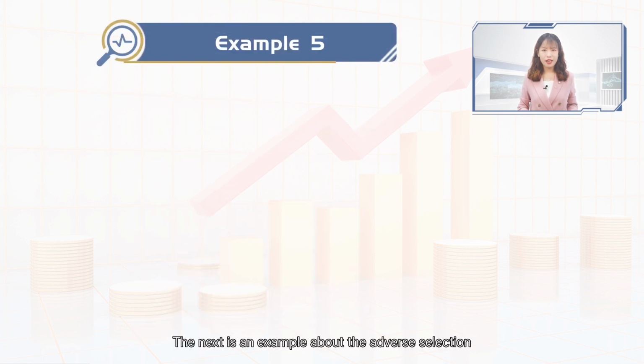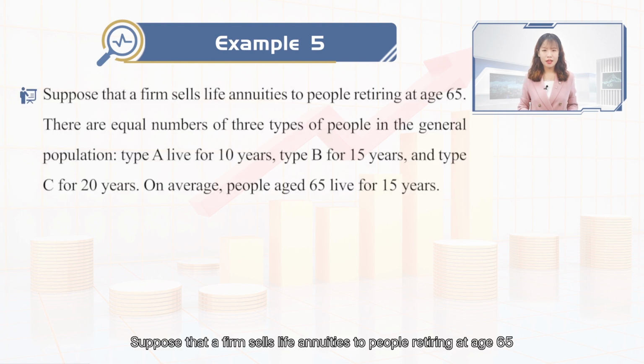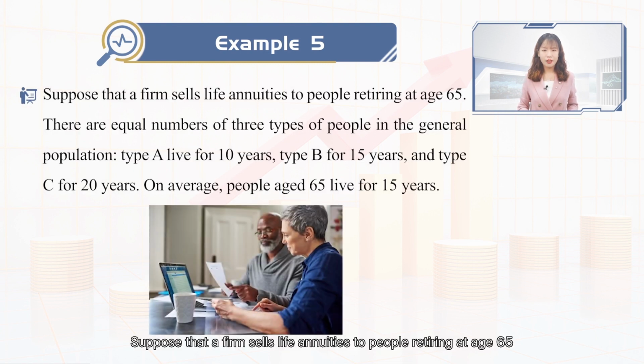The next is an example about adverse selection. Suppose that a firm sells life annuities to people retiring at age 65. There are equal numbers of three types of people in the general population. Type A live for 10 years, Type B for 15 years, and Type C for 20 years. On average, people aged 65 live for 15 years.